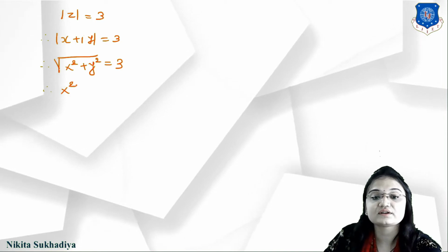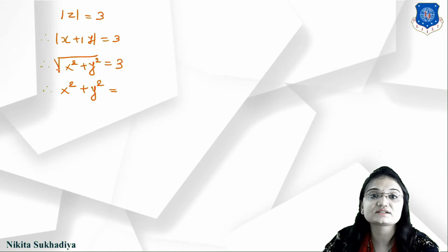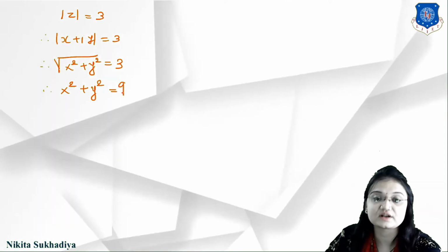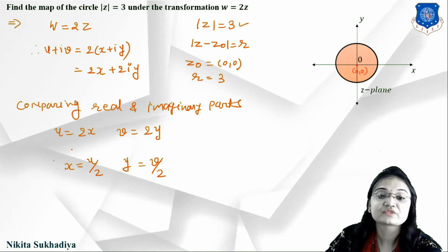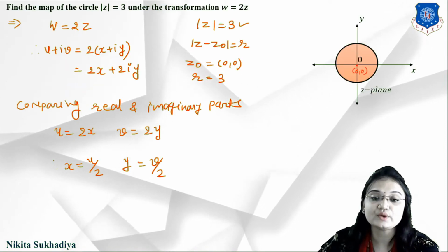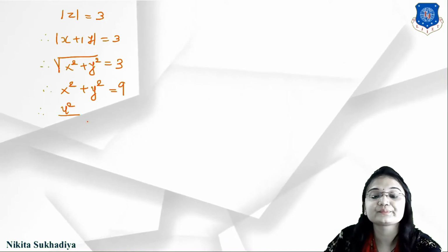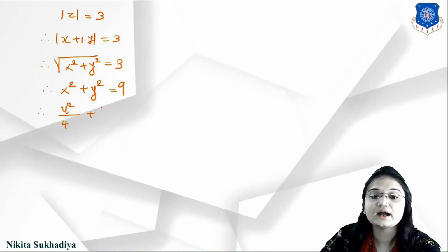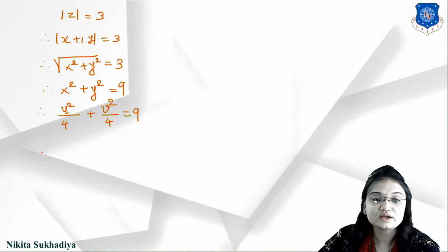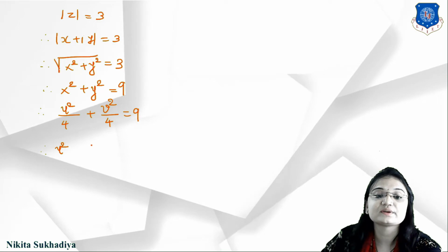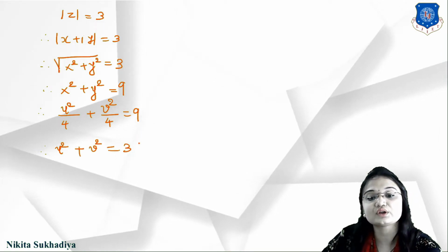Squaring both sides, x square plus y square becomes 9. Putting x is equal to u by 2 and y is equal to v by 2, this becomes u square by 4 plus v square by 4 is equal to 9. By cross multiplication, this becomes u square plus v square is equal to 36.